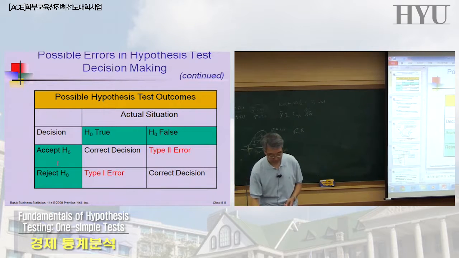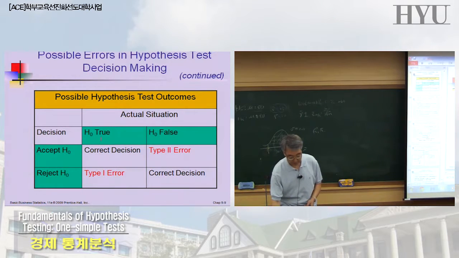If the null hypothesis is really true and it was accepted, that would be a correct decision. If in reality the null hypothesis was false, then rejecting it would be the correct decision.